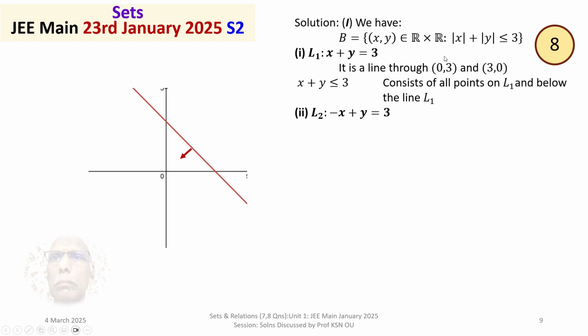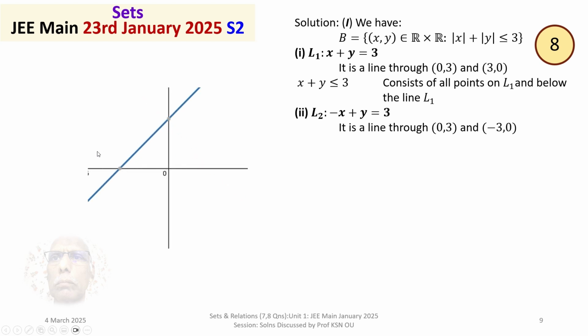Go to x negative, y positive. Then L2 will be minus x plus y is equal to 3. It is a line through (0, 3) and (minus 3, 0). So this is the line. And we have to consider the inequality. Minus x plus y less than or equal to 3 consists of all points on L2, because equal to is included, and below the line L2.